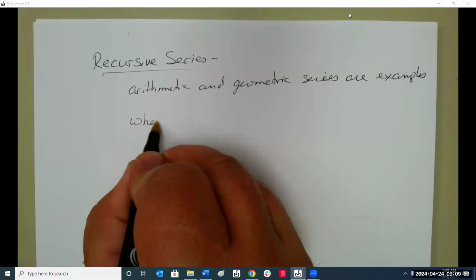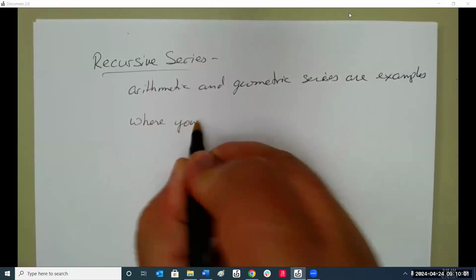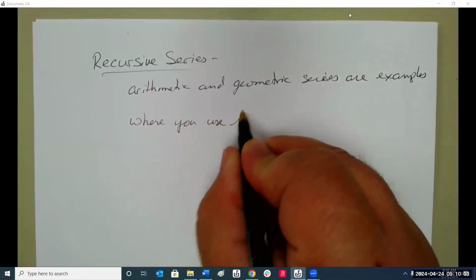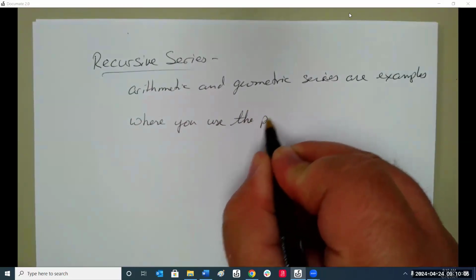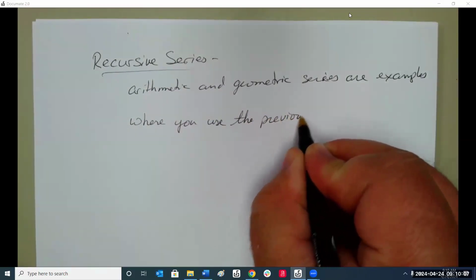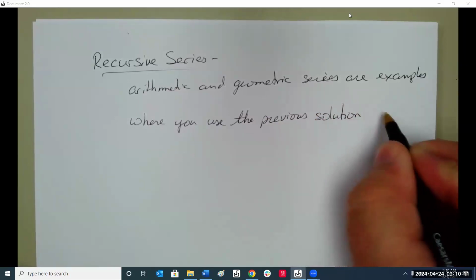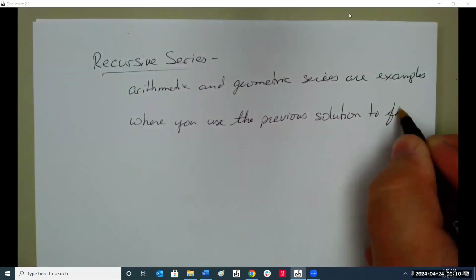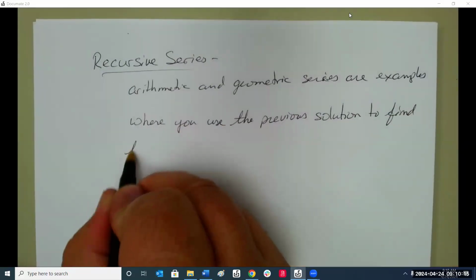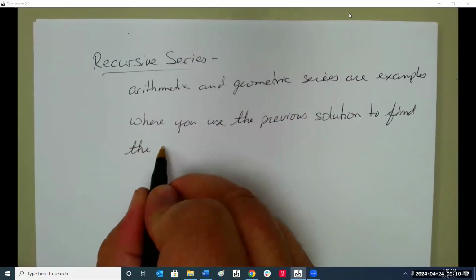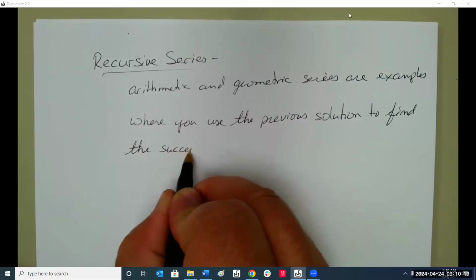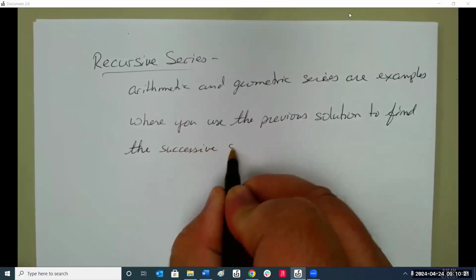This is where you use the previous solution to find the successive solutions.